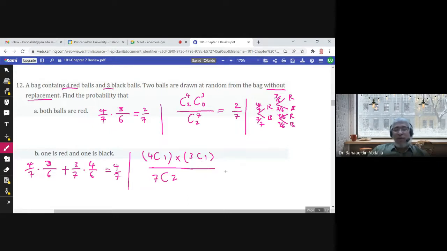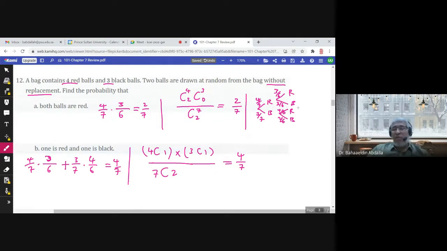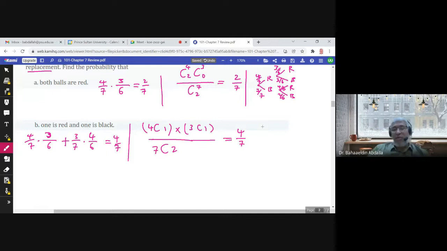If you multiply this, you will find also that the answer is 4 over 7. And using the tree diagram, the answer would be red, one black, so RB, plus BR. So 4 over 7 times 3 over 6 plus 3 over 7 times 4 over 6 from the tree diagram. So you can also use the tree diagram.